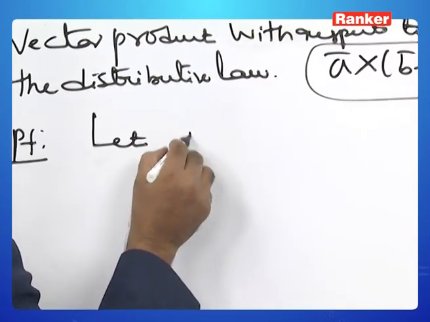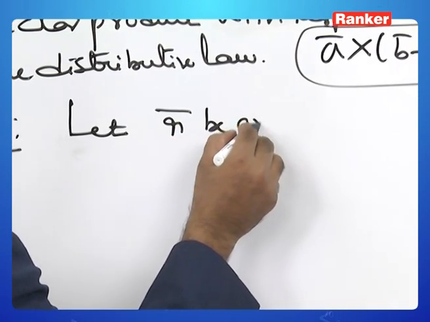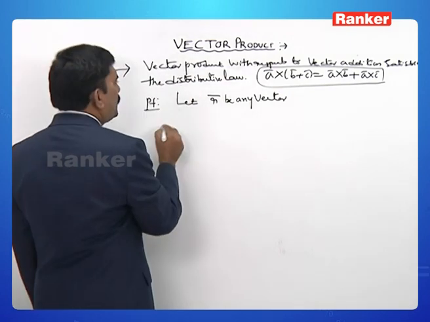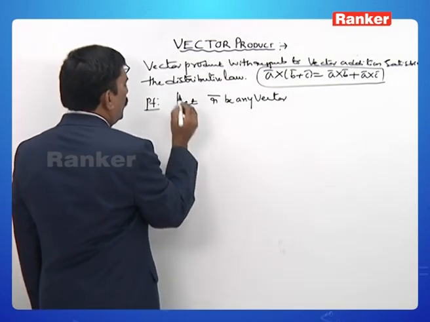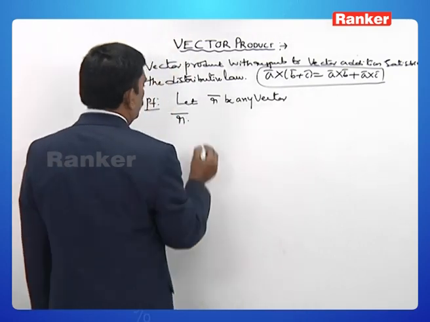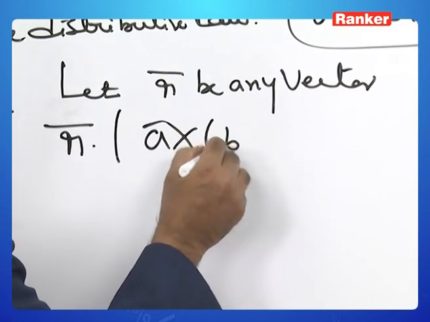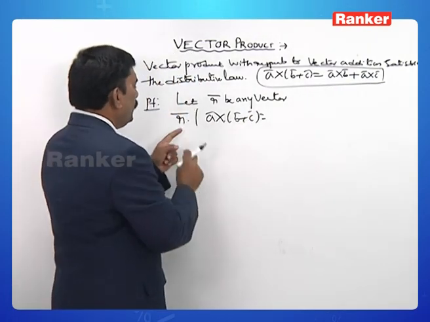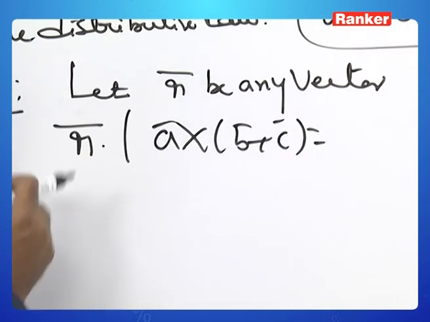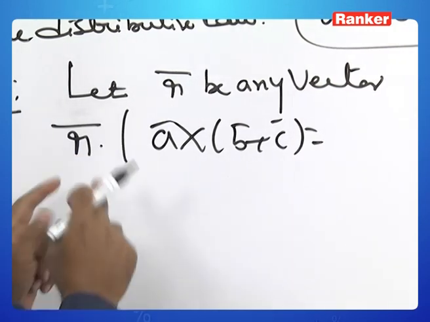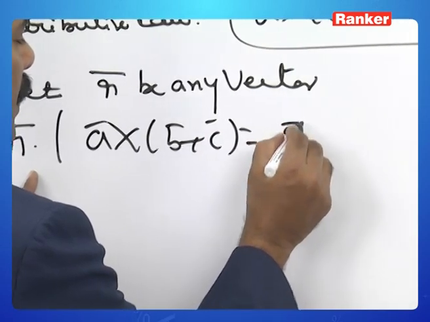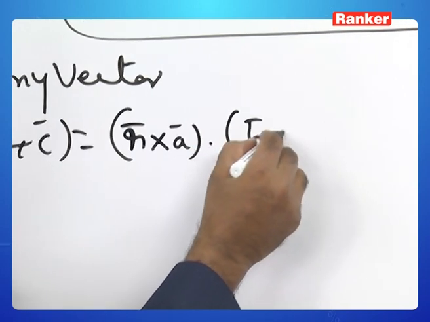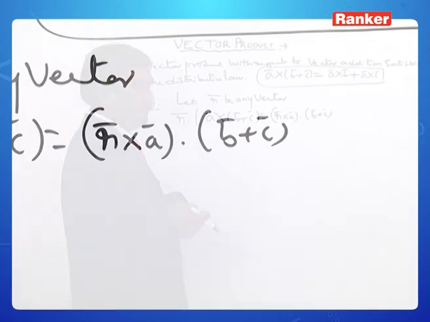let r bar be any vector. Now consider r bar dot of a bar cross of b bar plus c bar. Now dot and cross are interchangeable. Now if you consider this one, I can write r bar cross a bar dot of b bar plus c bar.